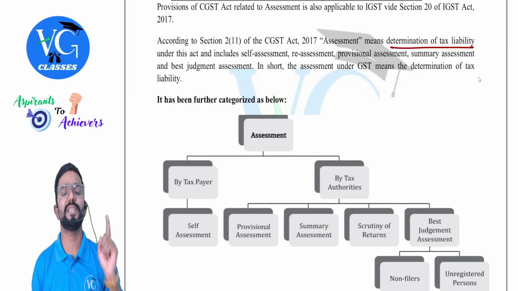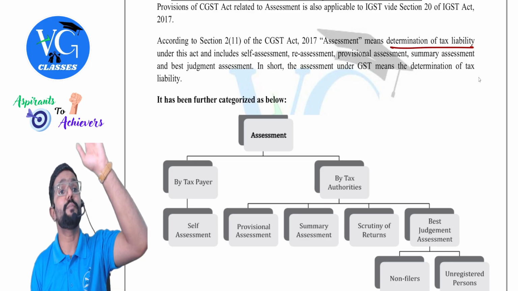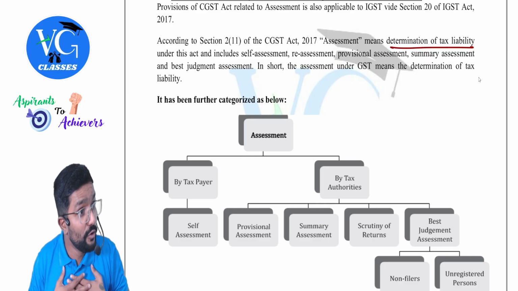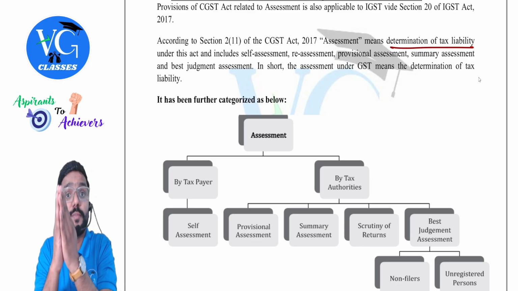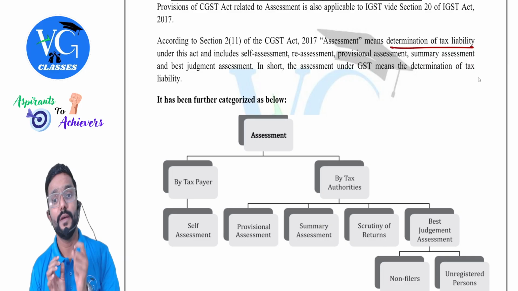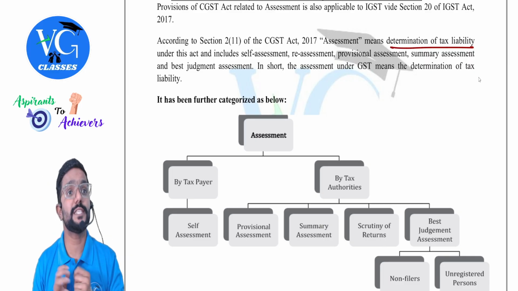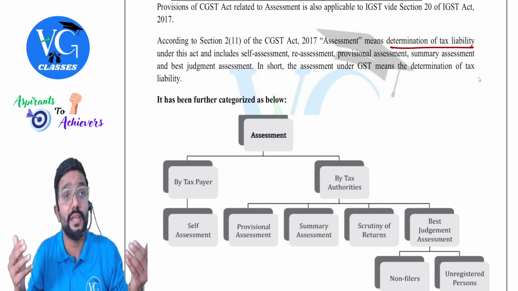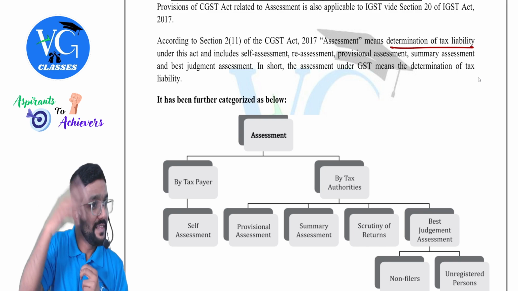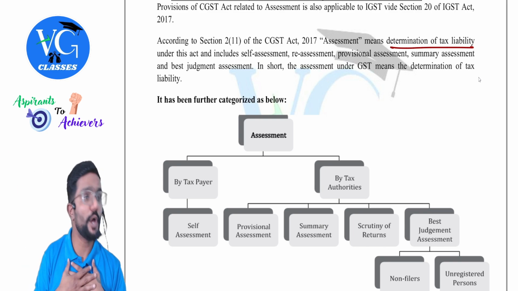Guys, summary as well as best judgment assessment as well as provisional assessment will be done by whom? The proper officer. Whereas provisional assessment is done at the request of whom? The registered person. I requested the proper officer, please do the calculation on behalf of me. He is doing provisional. Whereas summary and best judgment assessment is when I am doing something which is not fully correct or I am not doing it at all, then they will pitch in and do the assessment on behalf of me.